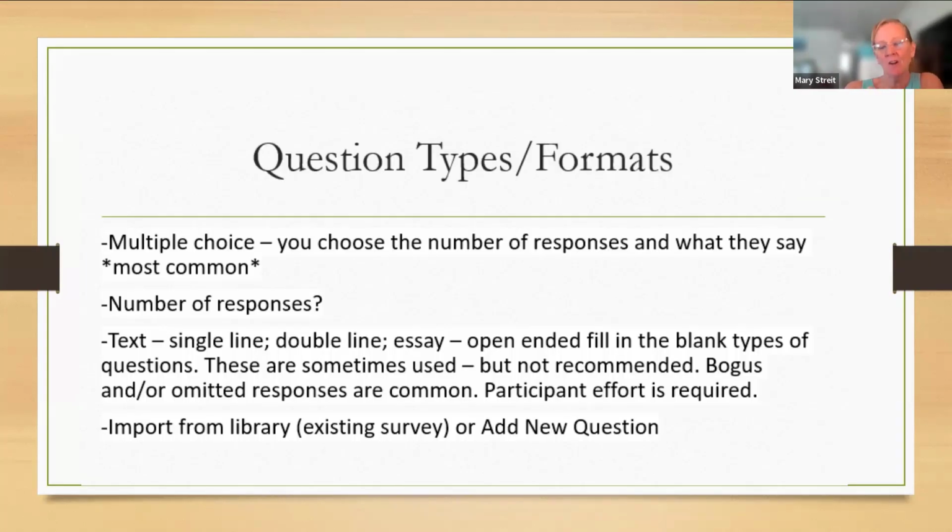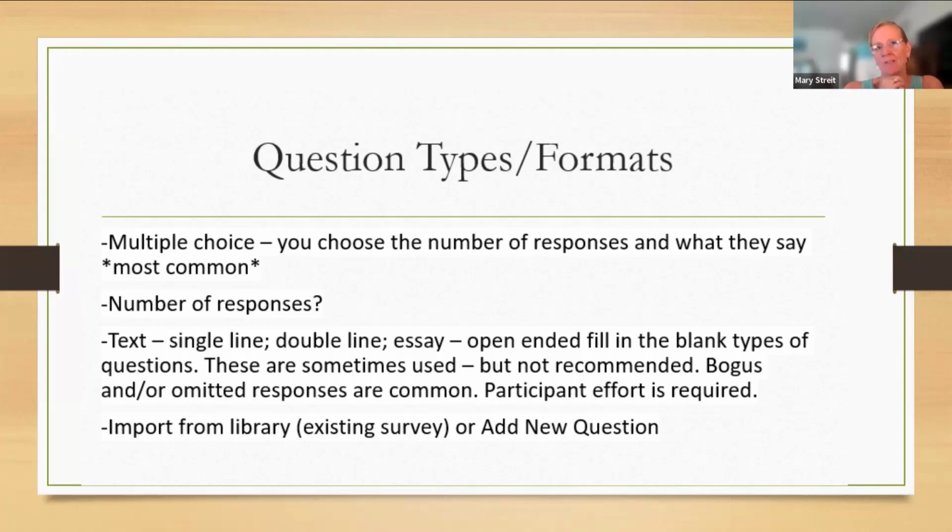Okay, so it's going to ask you now for question types. You should see that on the left-hand side of your screen. I think the most common question type is a multiple choice question. With the multiple choice question, you're going to have a question like, how much do you agree or disagree with the following statement? Then you choose the number of responses.